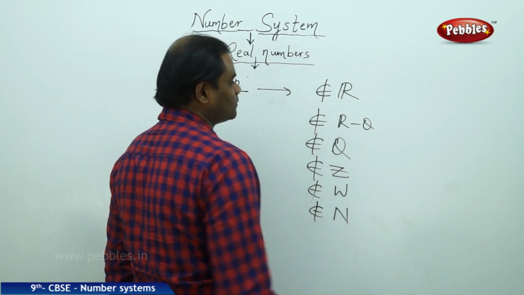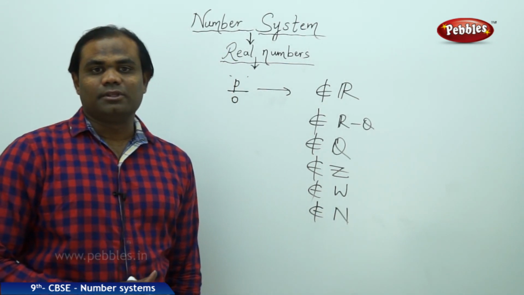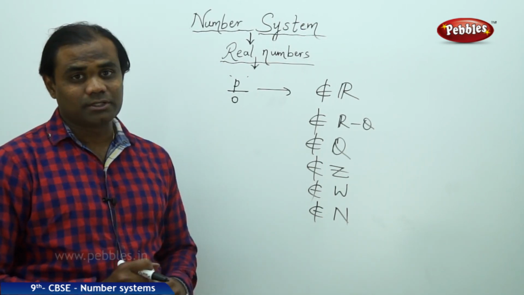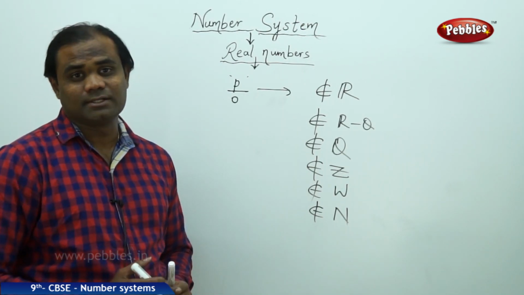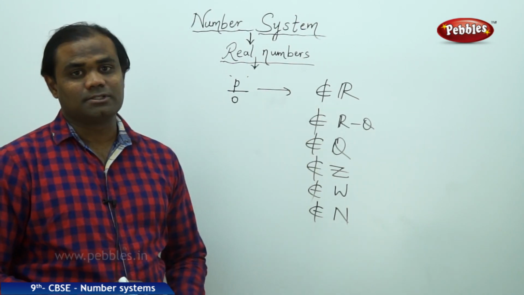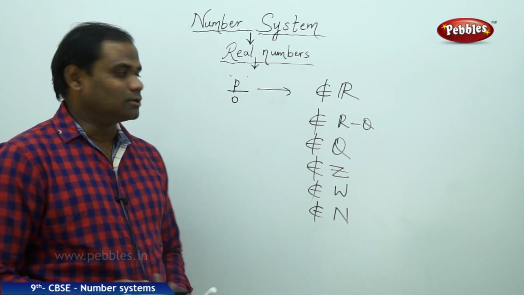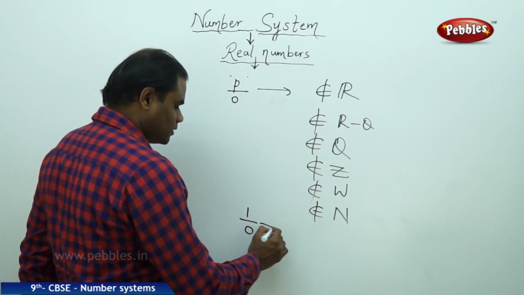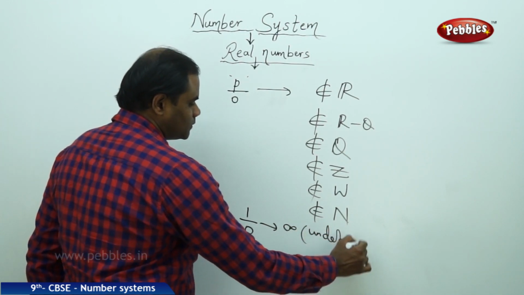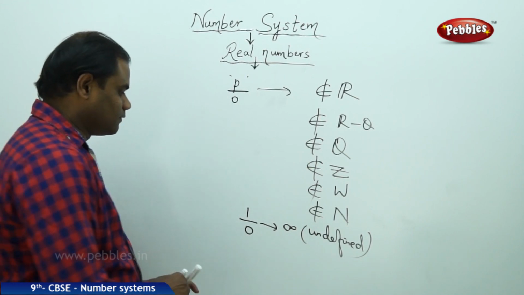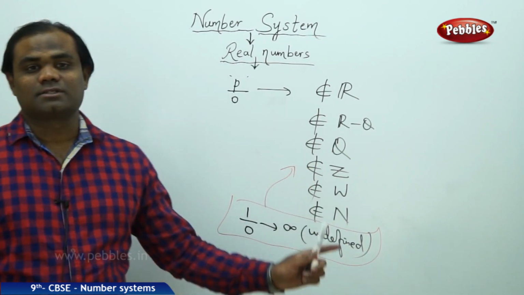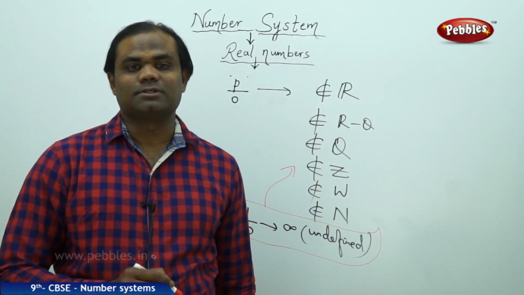So the branch of mathematics does not accept a number with denominator 0 in any of its number systems. It's an exception for the number system itself, simply because 1 by 0 is infinity, which is undefined, and that is the reason why this is an exception to the number system.